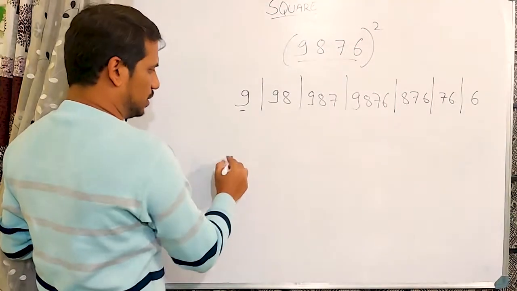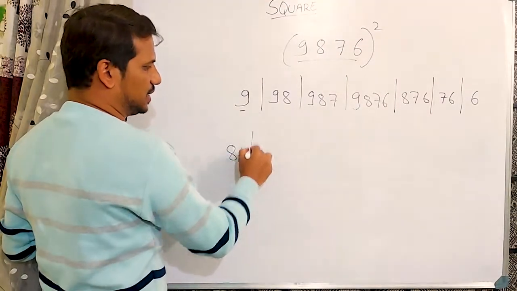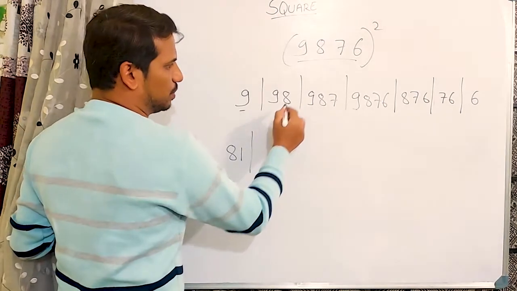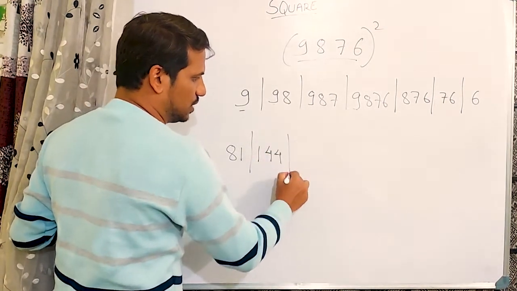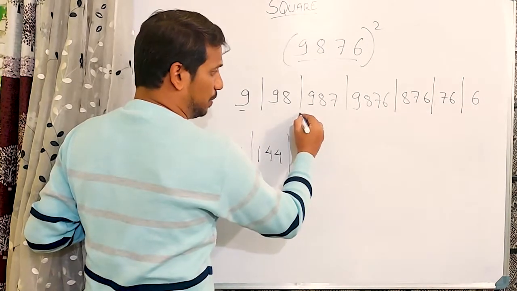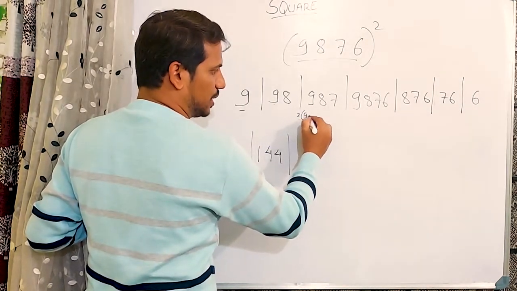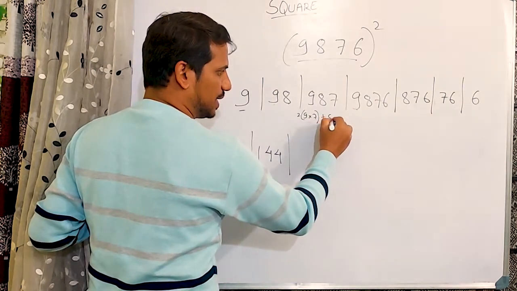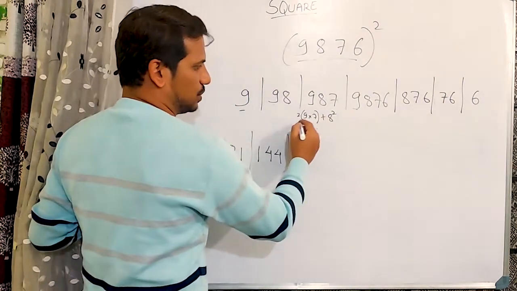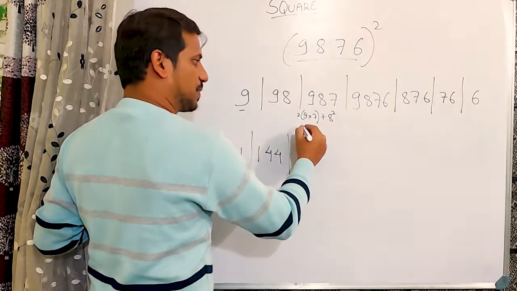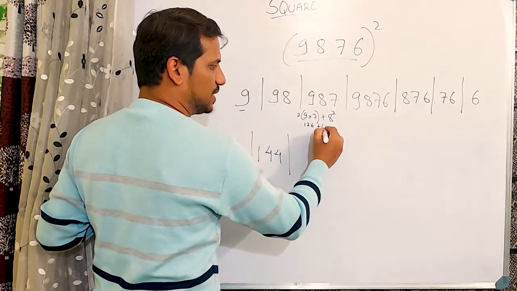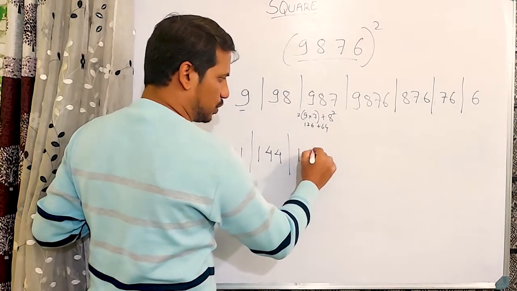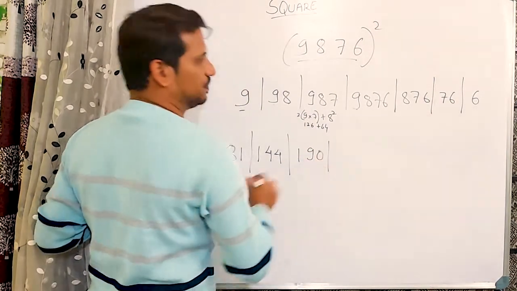So let's find out. Duplex of 9 is square of it, 81. Duplex of 98: 9 8s are 72, into 2, that is 144. Then duplex of 987: 2 into 9 into 7 plus 8 square. 9 7s are 63, into 2, that is 126, plus 64, that comes out to be 190.